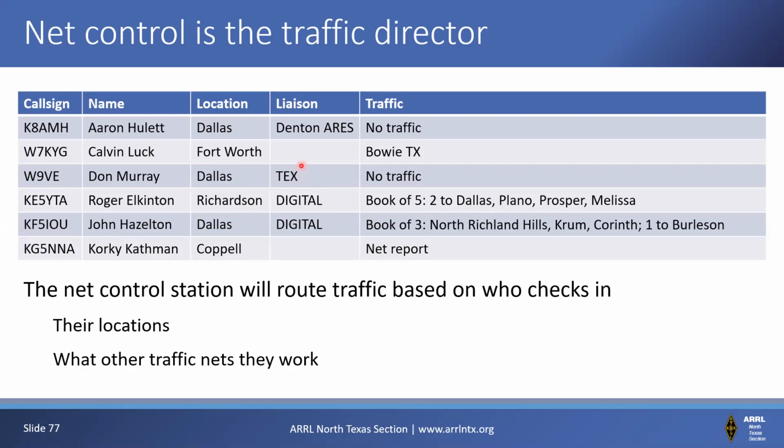Same thing with Roger, KE5YTA. He interfaces with the digital traffic net. And if I have to send something to Michigan, Wisconsin, Washington State, then I know that Roger is an option to move things out of the area through the digital traffic net, and same with John.